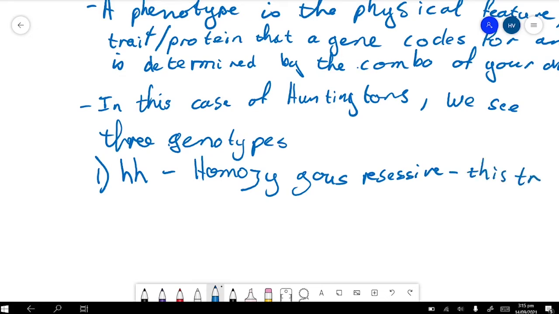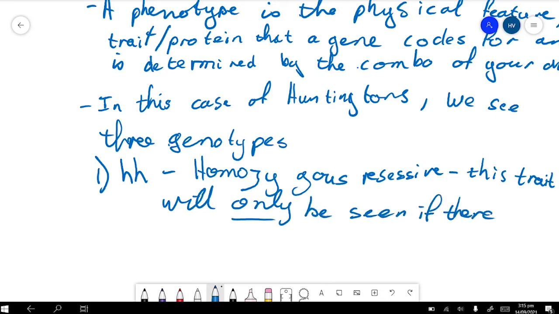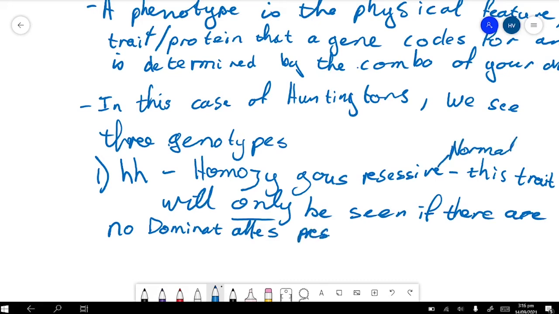This trait will only be seen if there are no dominant alleles. So homozygous recessive is normal if there are no dominant alleles present.